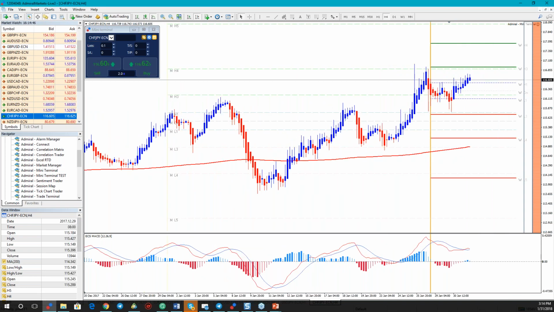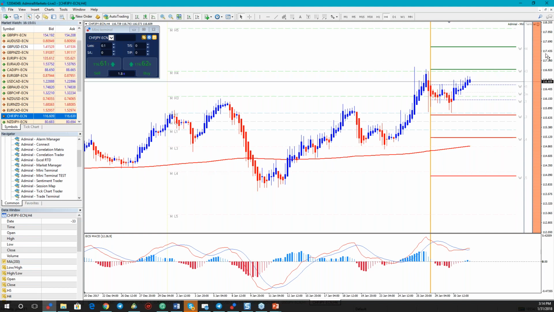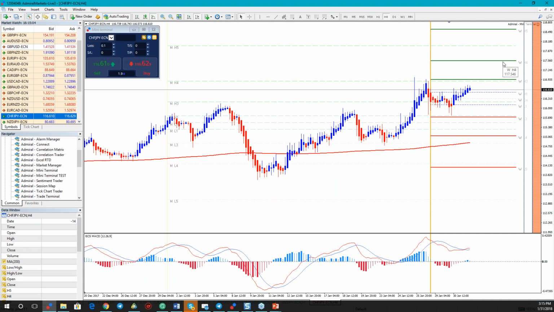I expect Swiss yen, if it hits this level, 170.54 in the next 2 days, I expect that it will reject. So 117.45 to 55 is the zone, and you need to keep your stop loss above this level, so around 118.15.